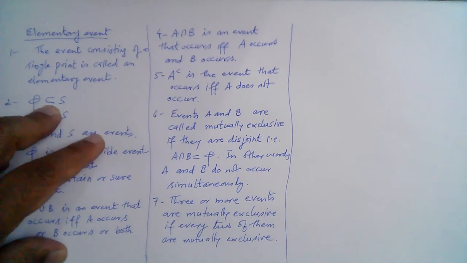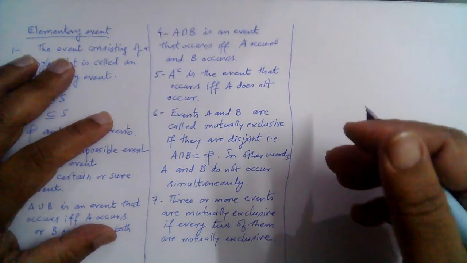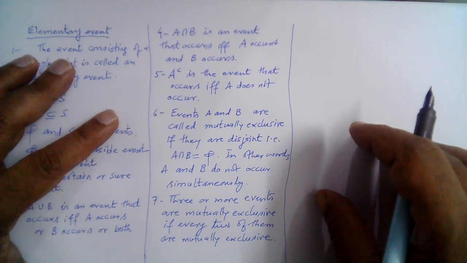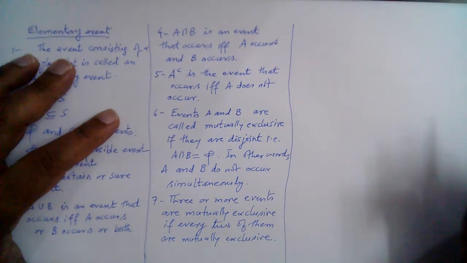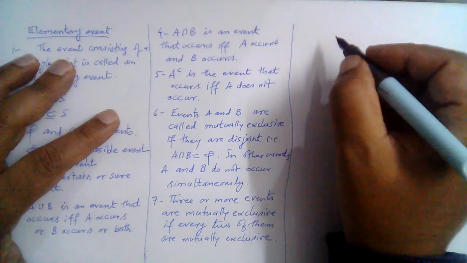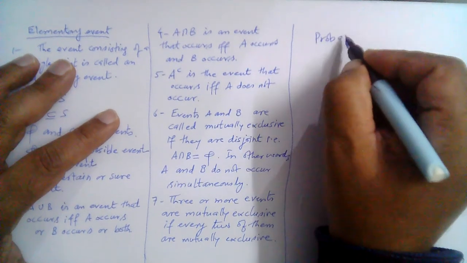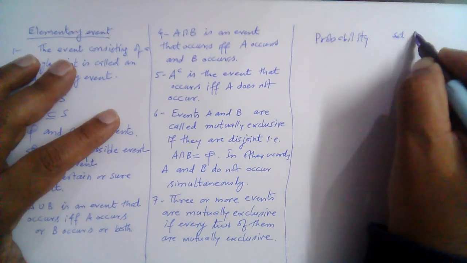So this is all about events, and we can relate the outcome, event, and sample space in probability theory to the universal set, element, and set in algebra, right? So let me write it down here: probability and set algebra.